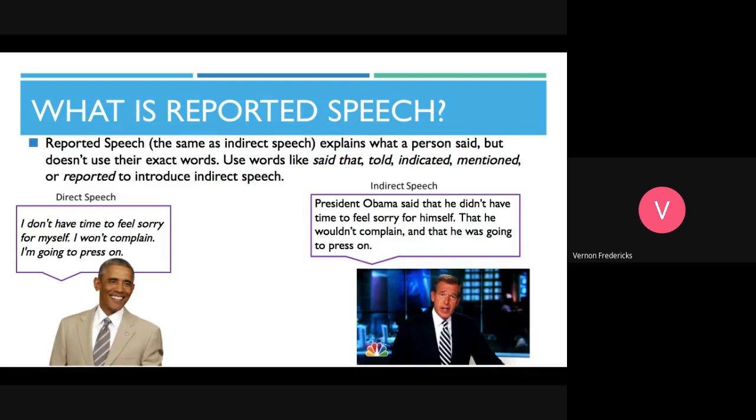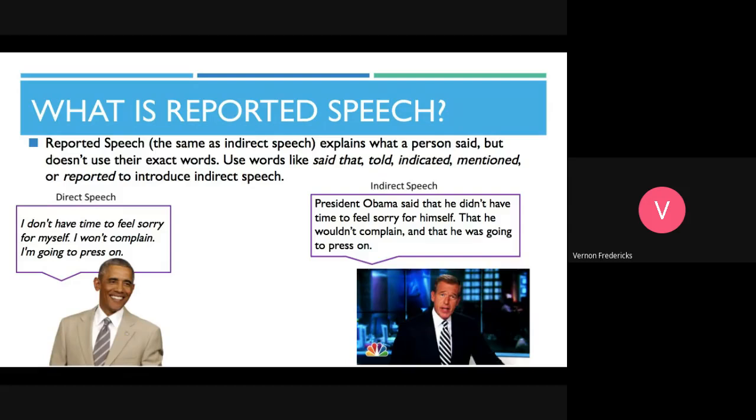Let's have a look at that again. What does Barack Obama say? He says, I don't have time to feel sorry for myself. I won't complain, and I'm going to press on. Let's take sentence one: I don't have time to feel sorry for myself. In indirect speech, the reporter says, President Obama said that he didn't have time to feel sorry for himself.